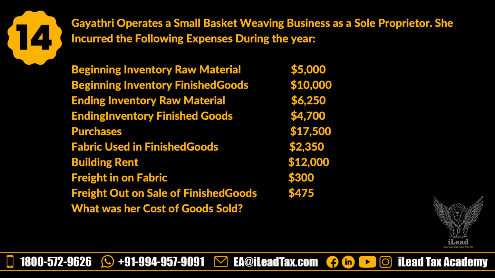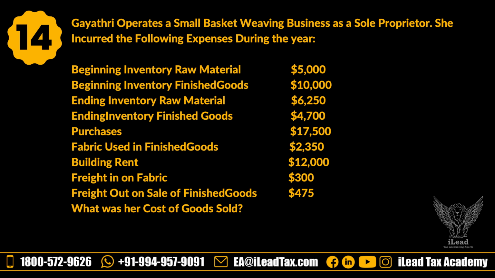So 5,000 raw material plus purchases 17,500 plus 300 freight in on fabric minus 6,250, which is raw material. Beginning inventory finished goods is not related to inventory, so it should not be included. We need to add 5,000 plus purchases 17,500.